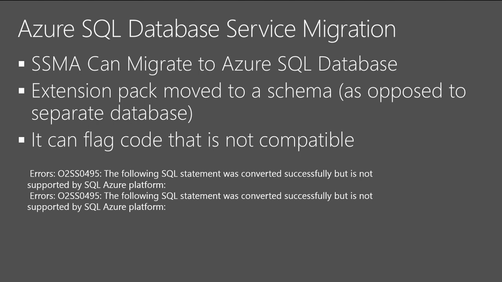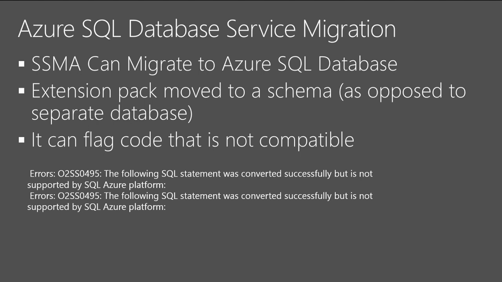So what we have done is we have created an extension pack where we have recoded all that functionality just using UDFs and those types of functions, and we have added that as an extra schema. I believe it is called the SSMA schema.